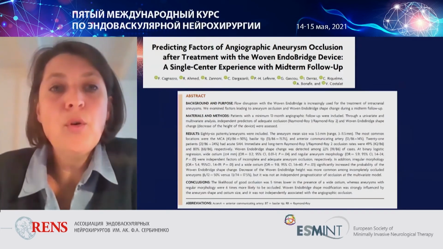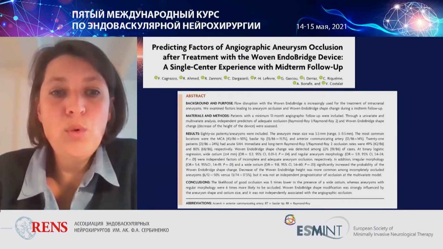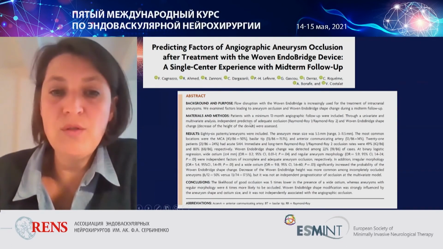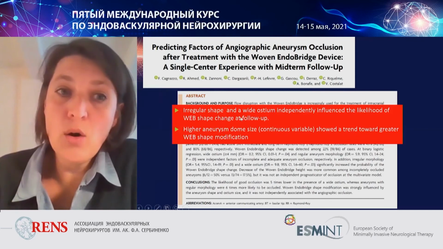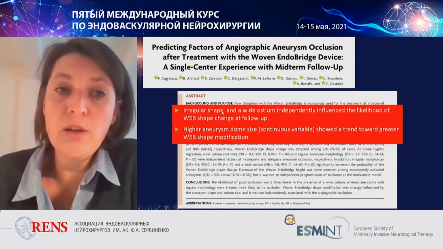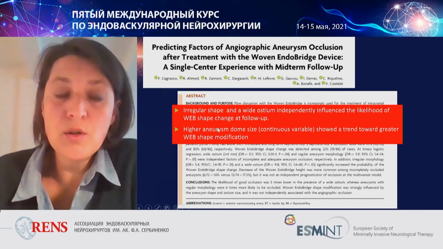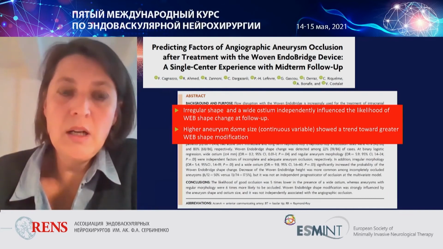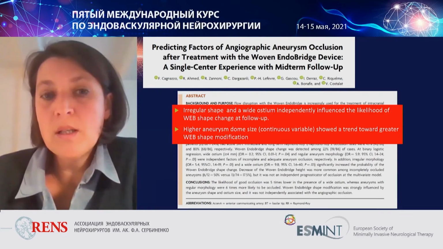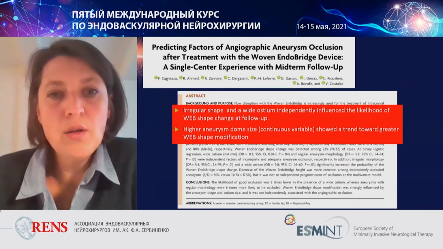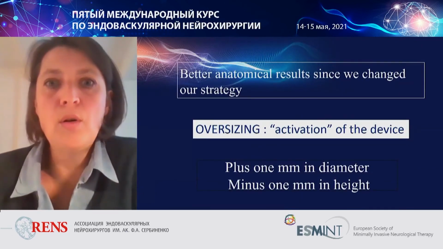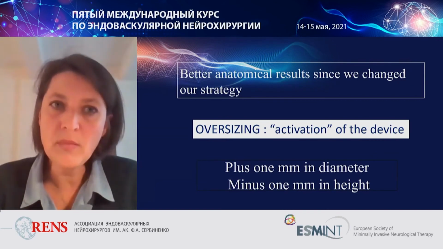I found also this paper from the Montpellier team, and it seems that they face more shape modification in case of irregular shape aneurysm with a wide ostium and a higher aneurysm dome size. So it does exist, but we still don't know what compaction or shape modification means with regard to recurrence or recanalization.